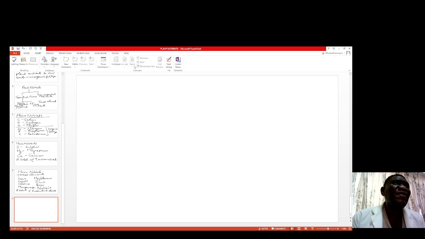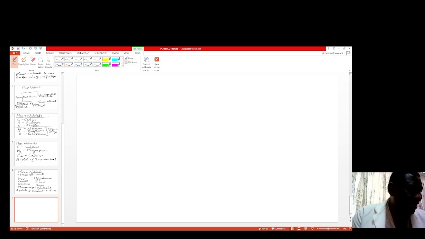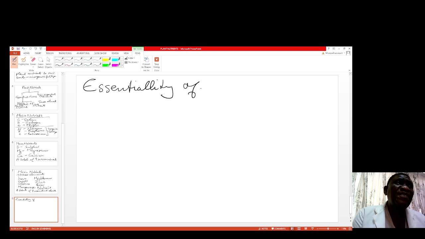This aspect is about the essentiality of these elements. What is the criteria used to define the essentiality of plant nutrients?